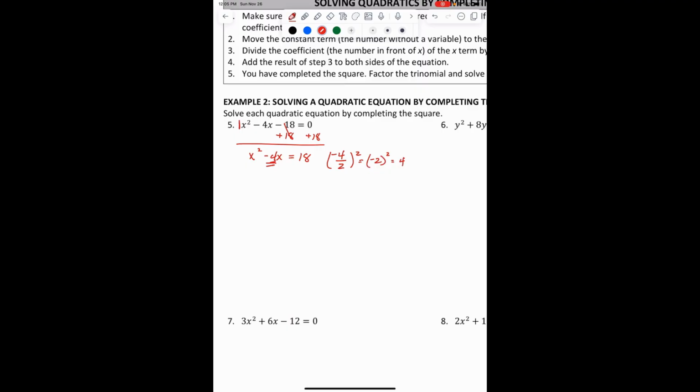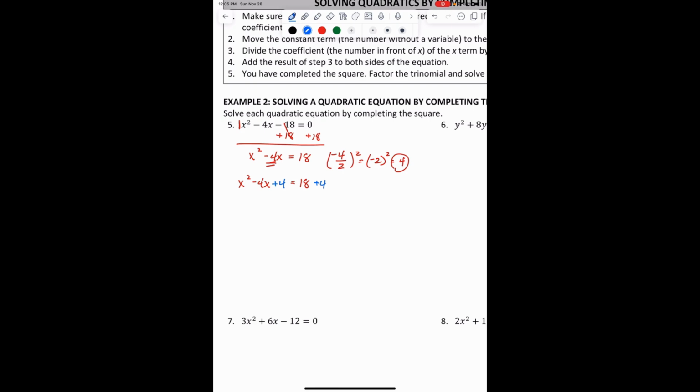And then step 4 says add the result of step 3 to both sides of the equation. So we're going to go x squared minus 4x, and then we're going to add that 4 we just got to both sides of the equation.